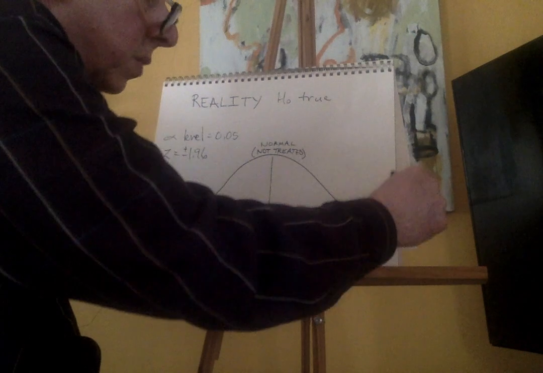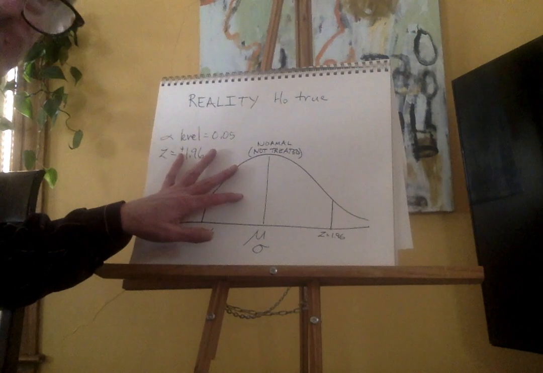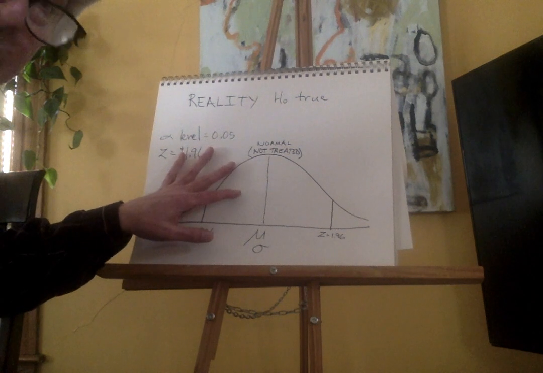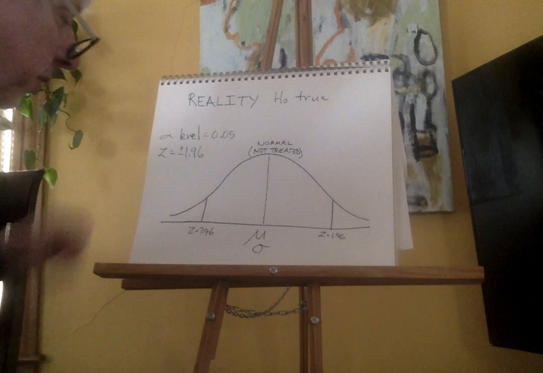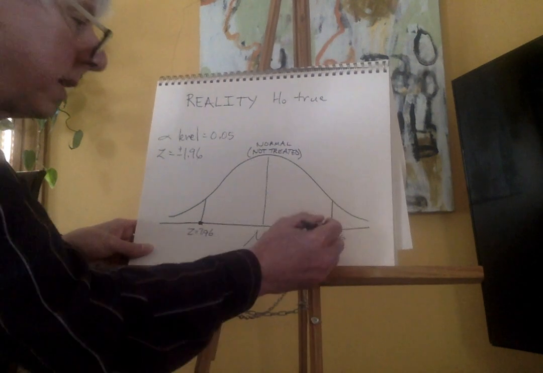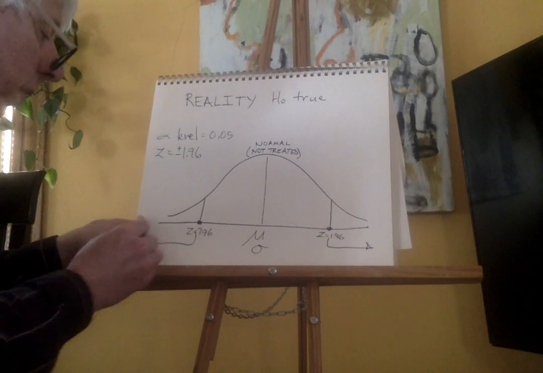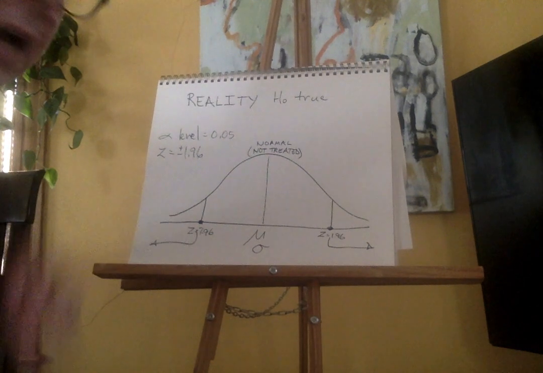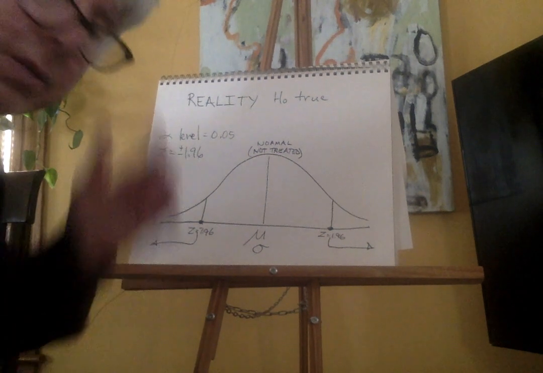This would be sales with ambient music. Okay? So I'm just dealing with a representation of one reality. The null is true. So the researcher sets these points, says, I'm going to reject if anything is above there or below here. I'm going to say, wow, that doesn't look like it belongs to this distribution.